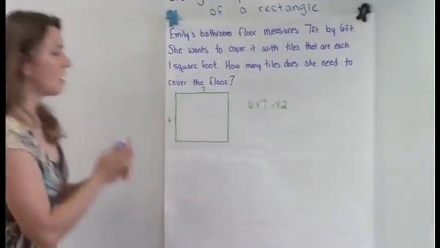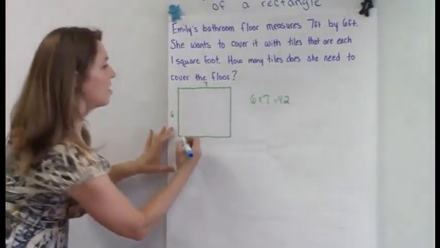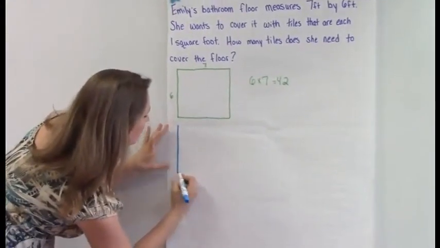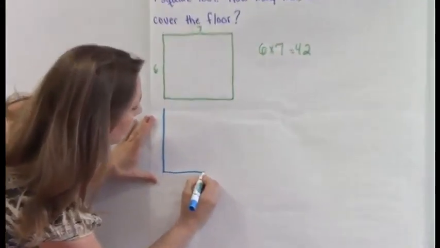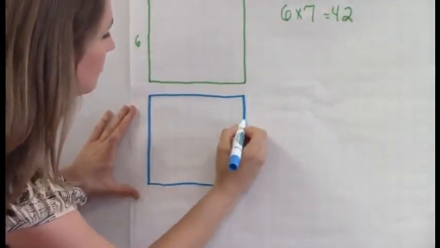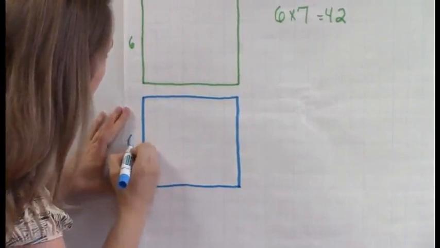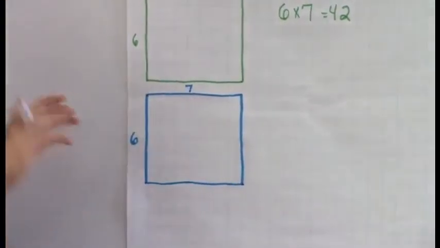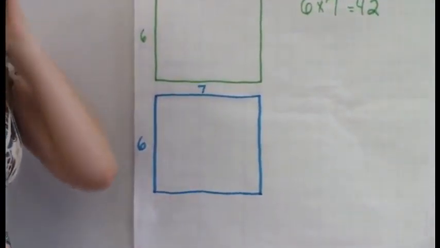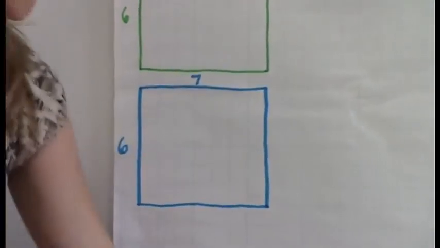So I'm going to draw another array of 6 by 7. So 7s tend to be very tricky facts for students to learn.